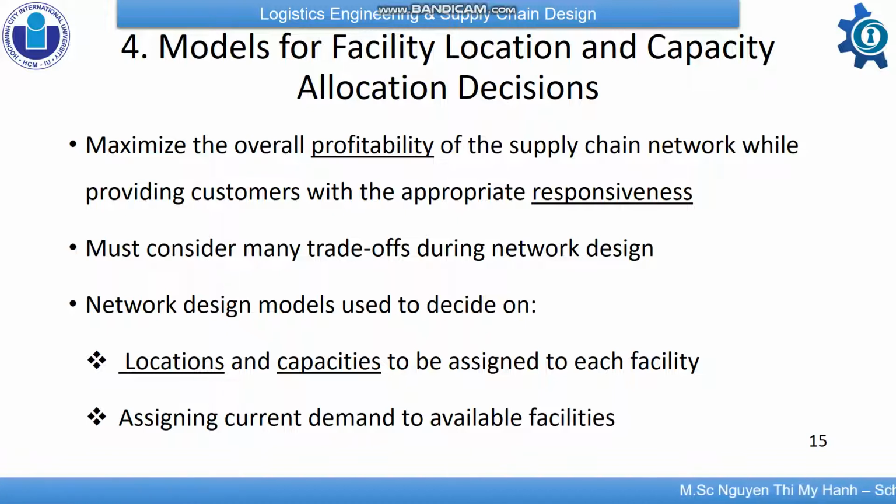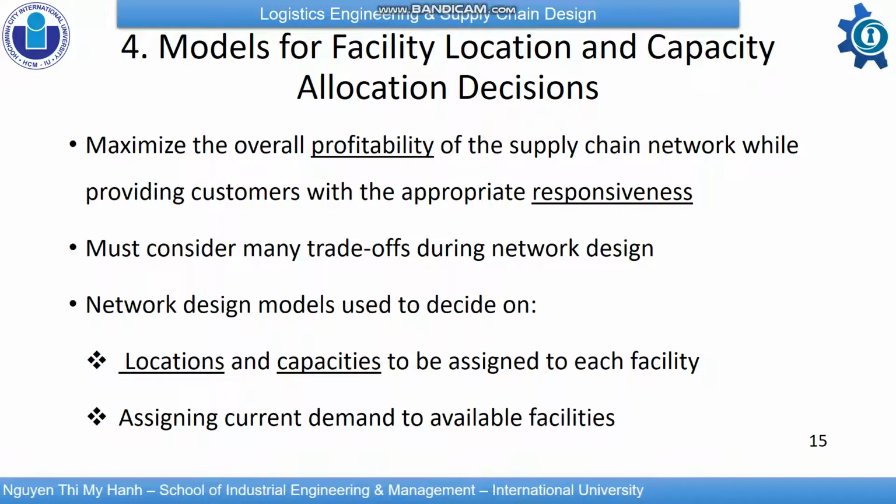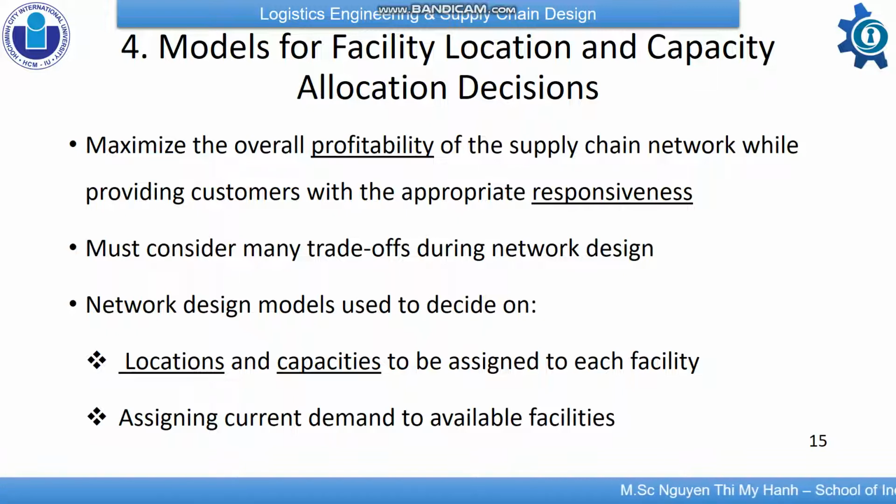For example, if you decide to open a high capacity facility, you can reduce the building cost, the fixed cost of building the facility, and you can take advantage of the economy of scale. However, the transportation cost will increase.